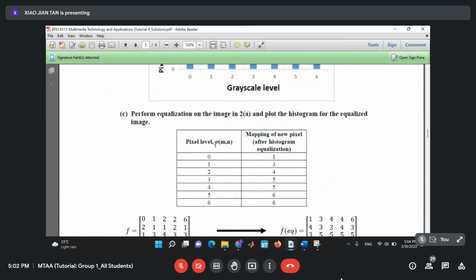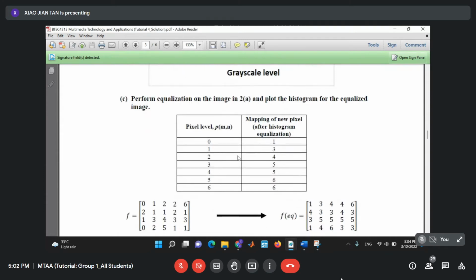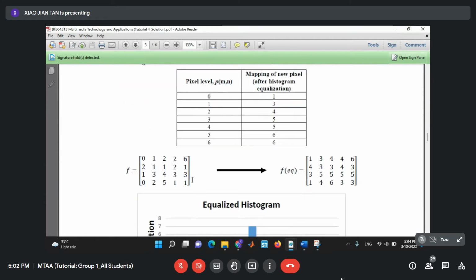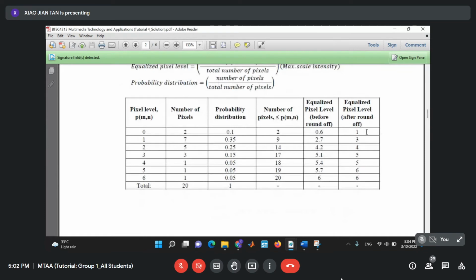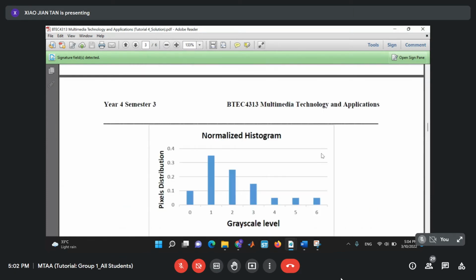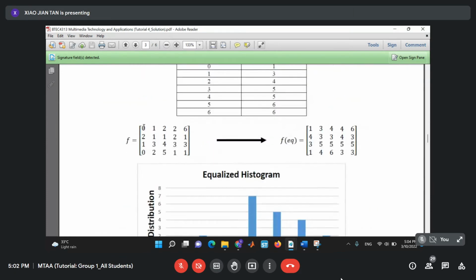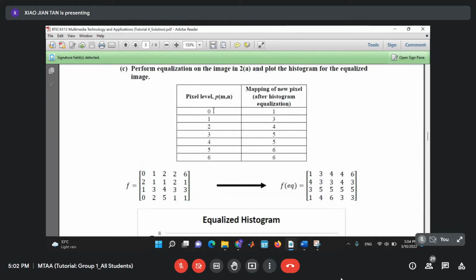And for C, we perform the mapping. Basically, you have this from the original question, so you just map that. For example, look at this table: 0 maps to 1, 1 maps to 3, 2 maps to 4, 5 maps to 6, and so on.